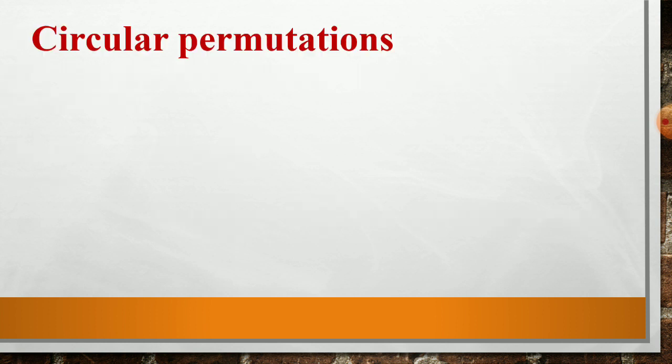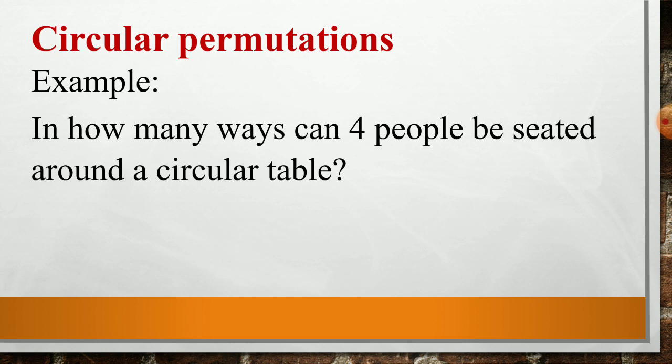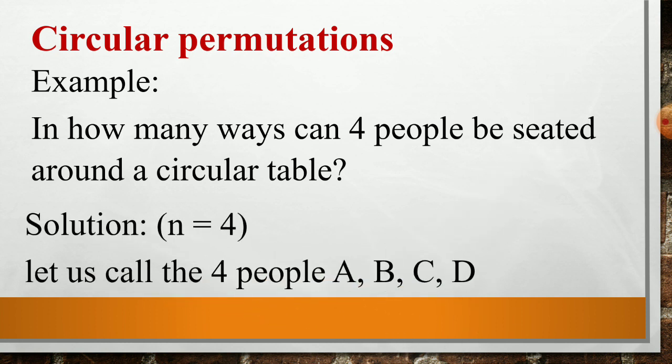Now, let us consider the arrangement of objects in a circle, which we call circular permutations. For example, in how many ways can 4 people be seated around a circular table? So our n is equal to 4.